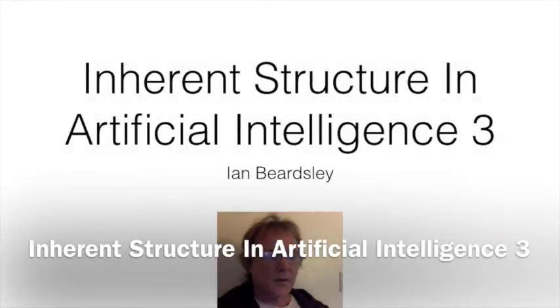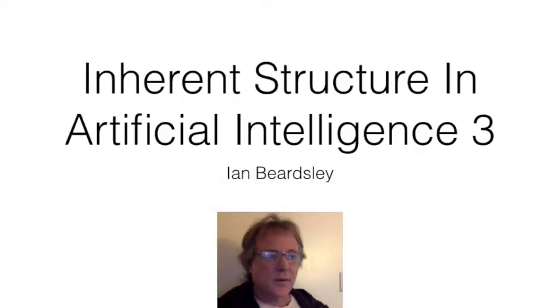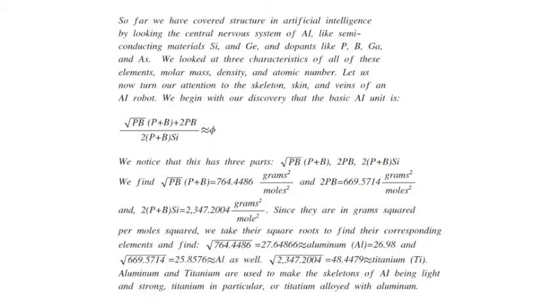This is part three of my presentations called Inherent Structure in Artificial Intelligence. So far, we have covered structure in artificial intelligence by looking at the central nervous system of AI, like semiconducting materials, Si and Ge, and dopants like Pb, Ga, and As.